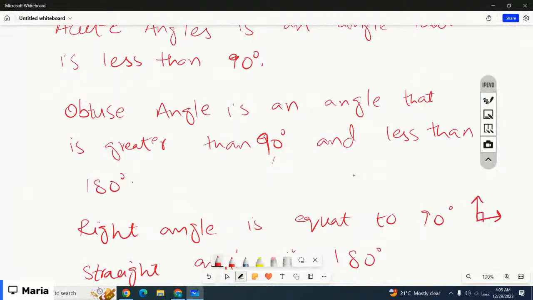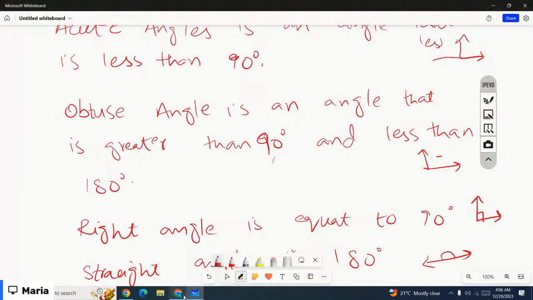This is the right angle. The angles on this side are all less than 90, because this is 90. The angles on this side are greater than 90, and a straight angle is like this, that is 180 degrees.